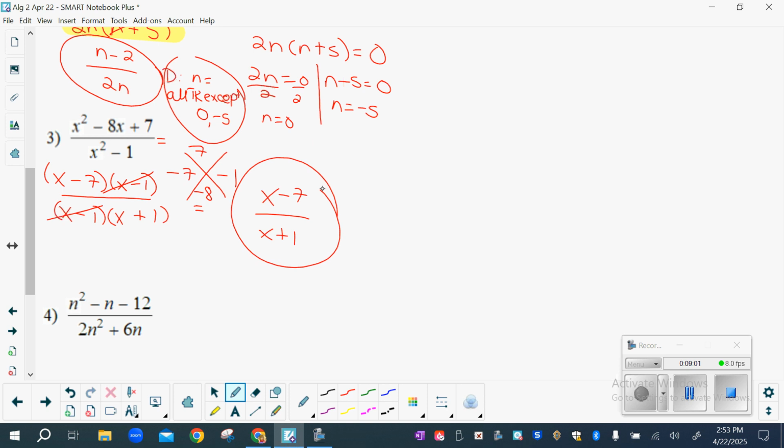Are we done? No, we have to find our domain. So we're going to go back to the original factored part. Use our zero product property.